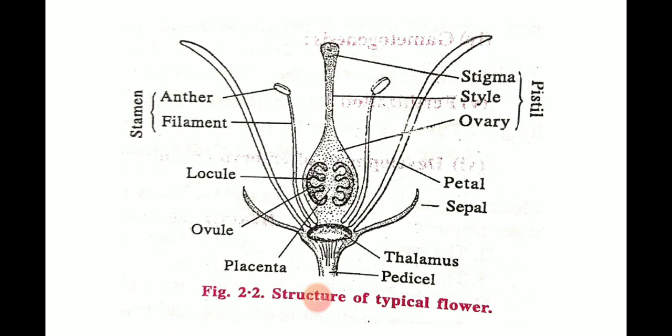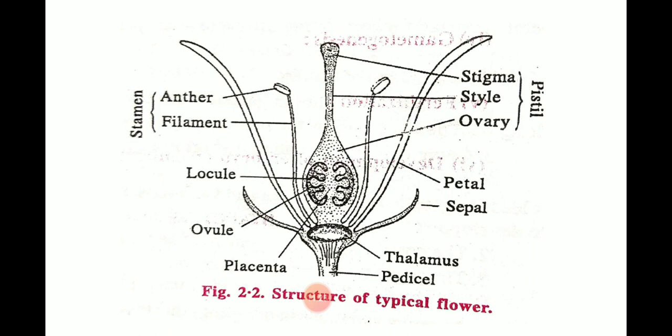The whole flower and the internal structures reside at the head or sometimes at the base of the thalamus or pedicel. Pedicel is the stalk of the flower. Thus, we can say that these whorls of the flower are accessory.